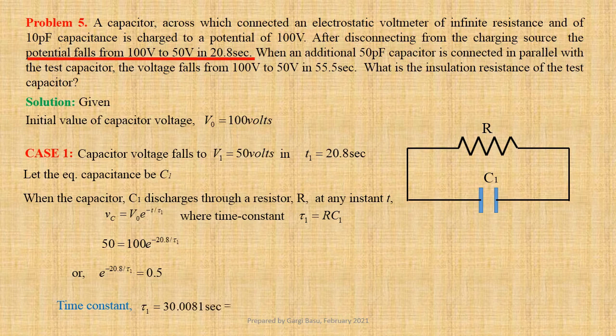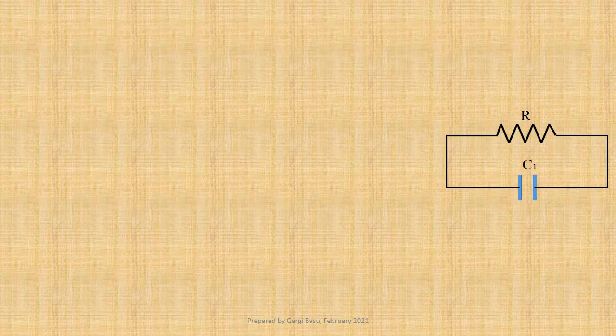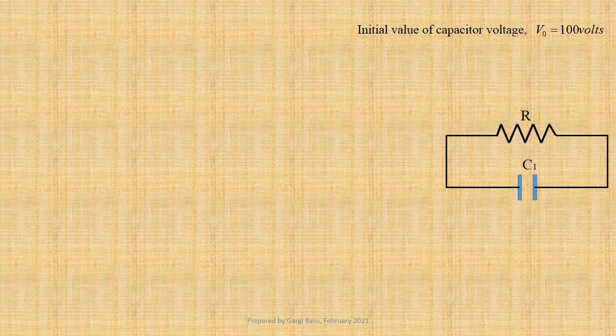That is equal to R into C1. Given initial value of capacitor voltage V0 equals 100 volts. During case 1, we have calculated time constant tau 1 equals 30.0081 seconds, that is equal to R into C1.